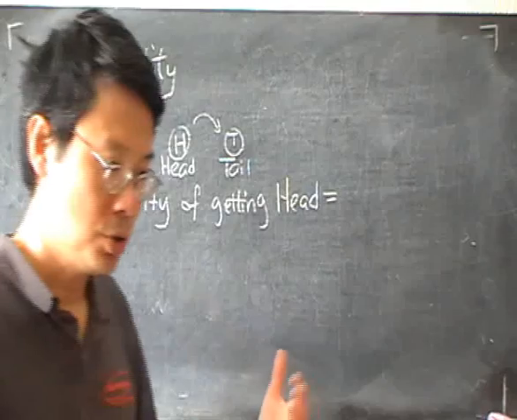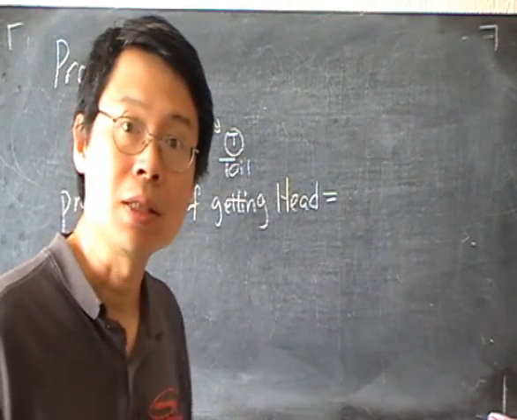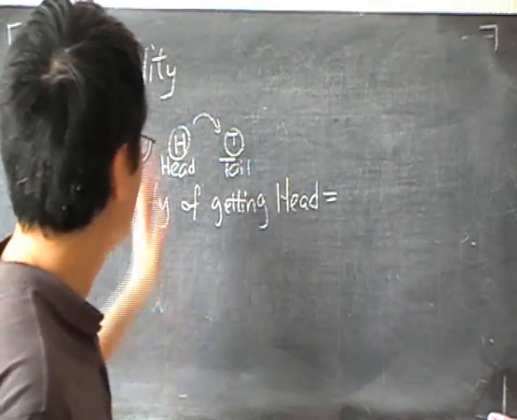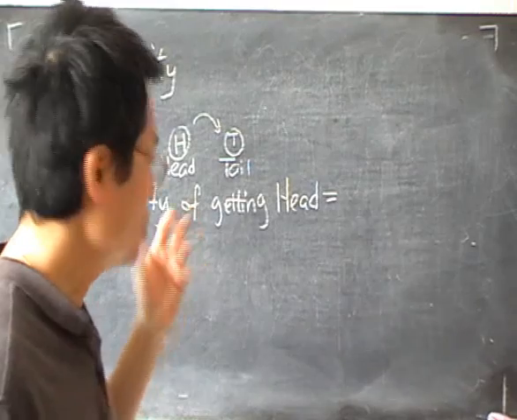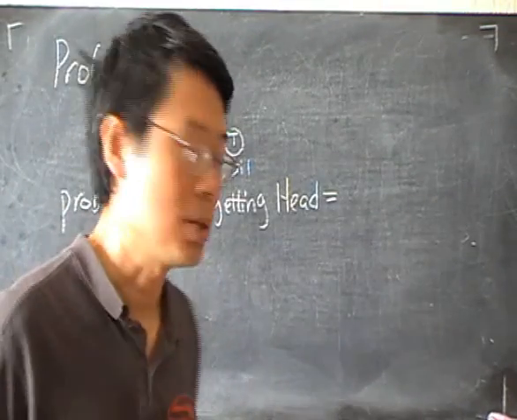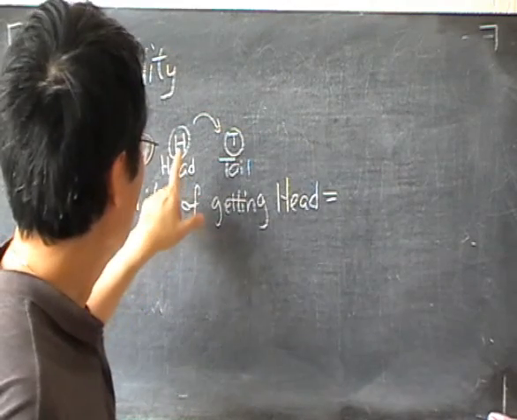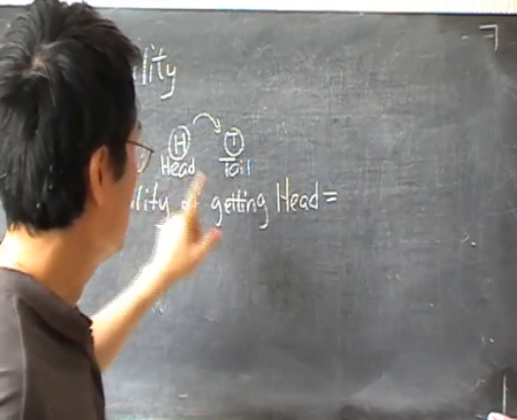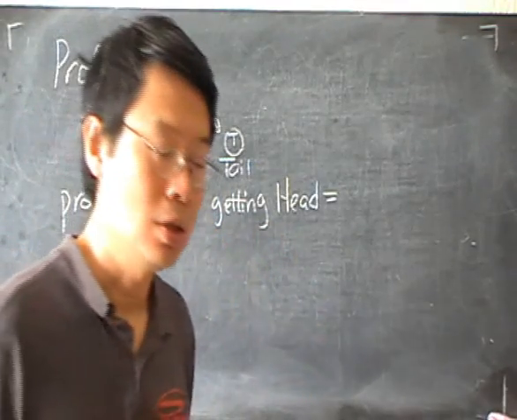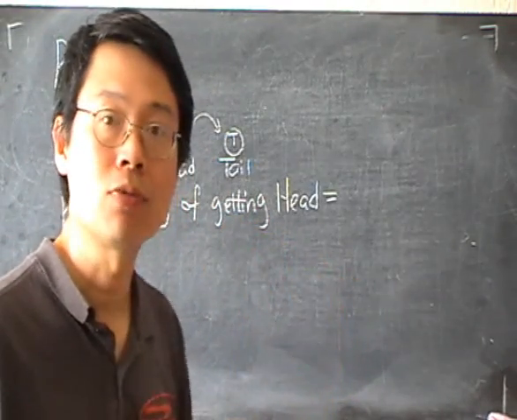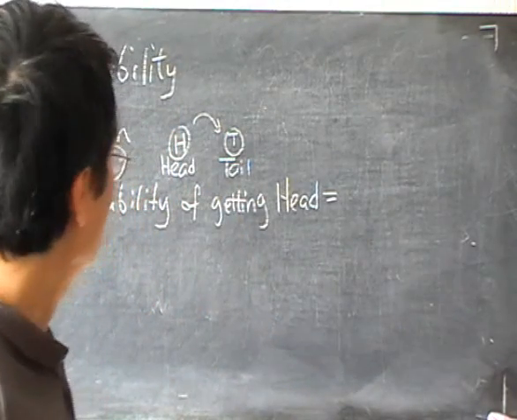So let's just assume that when you toss it, it's equally likely that you'll get either head or tail. So there are two possible events, but we are interested in the probability of getting just a head, which is one of the two possible events.